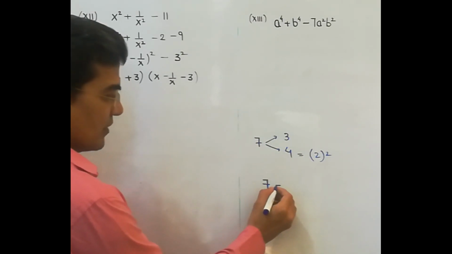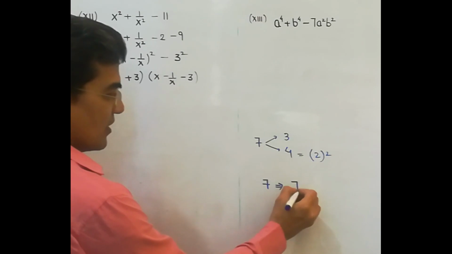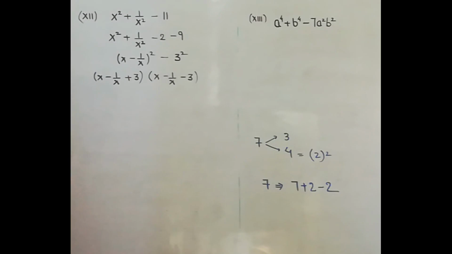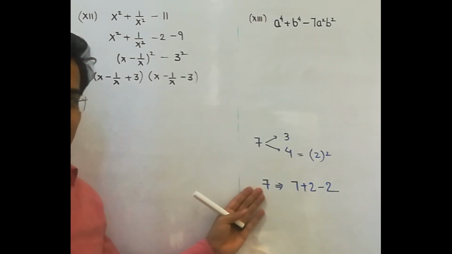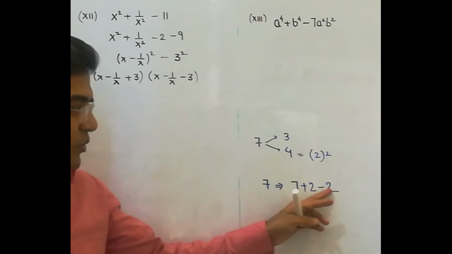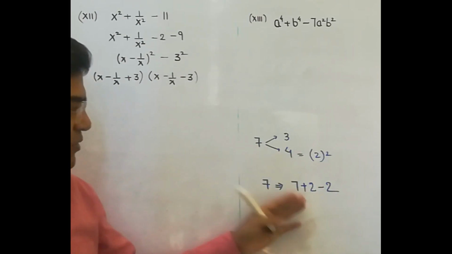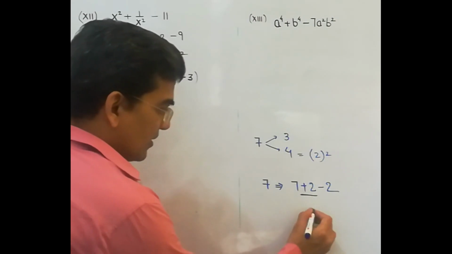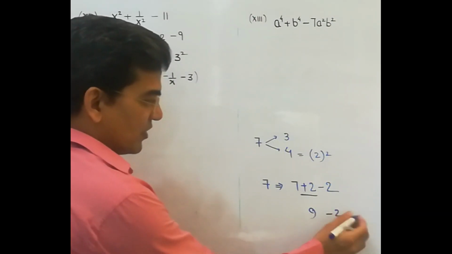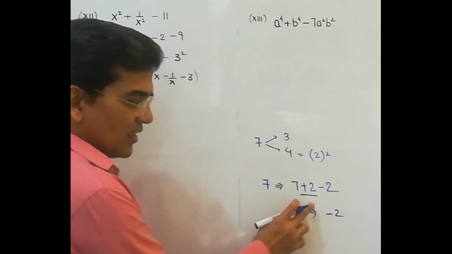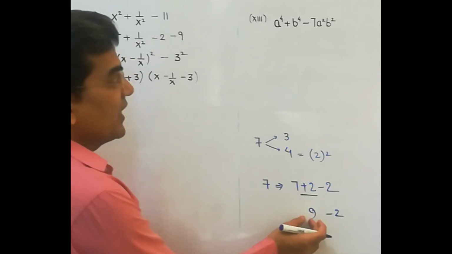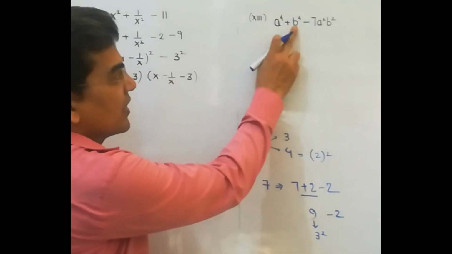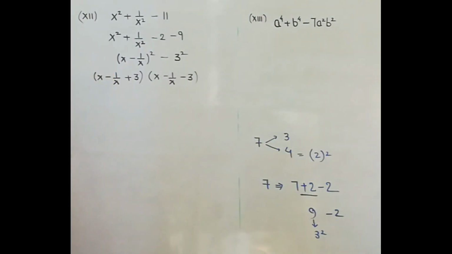If I say 7 is added and subtracted with 2, it remains the same. 7 added with 2 and minus 2, plus 2 minus 2, again it is 7. But this part becomes 9. We are left with minus 2. Right? 9 is a perfect square. And this minus 2 when taken with this part will make it a complete formula.